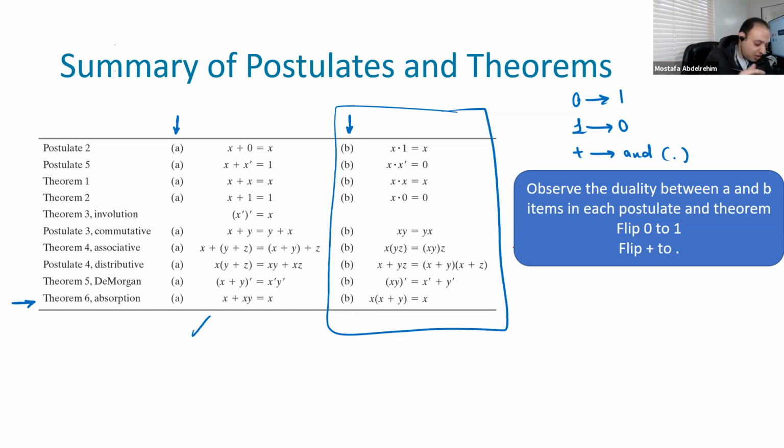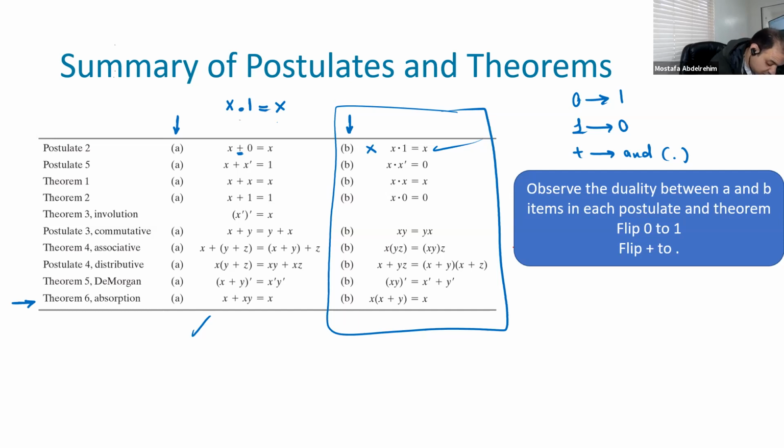So let's do that. For example, we're not going to look at b, just do it using the duality principle. We're going to convert any or into and. So x will not be converted, the or will be converted into and, the 0 will be converted into 1. X has no change. So x dot 1 is equal to x. That's exactly what we have here.